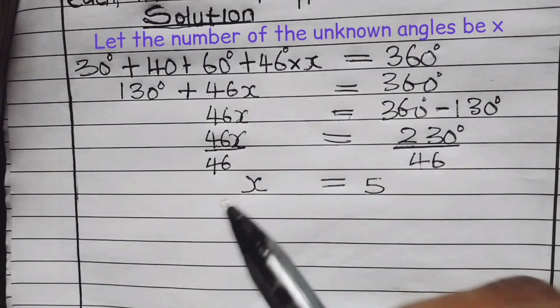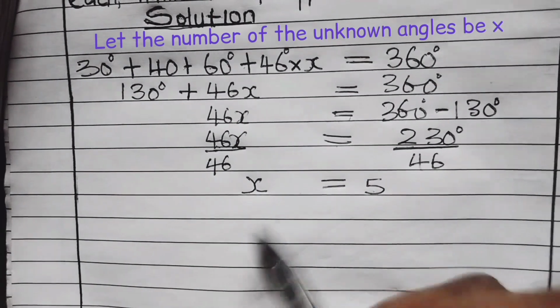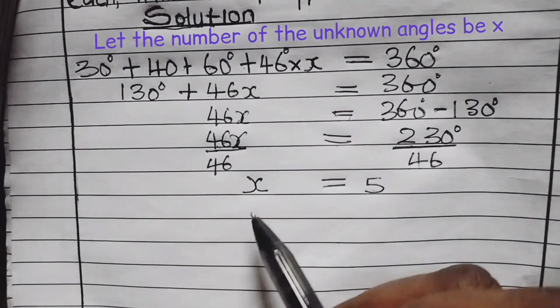So now if I want to write out the angles of this polygon, I'll write it out like this.